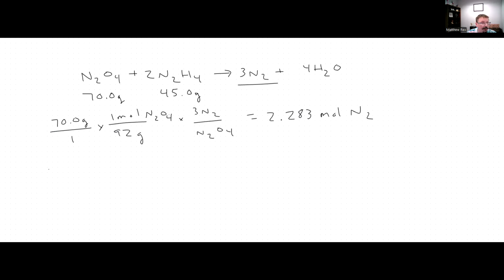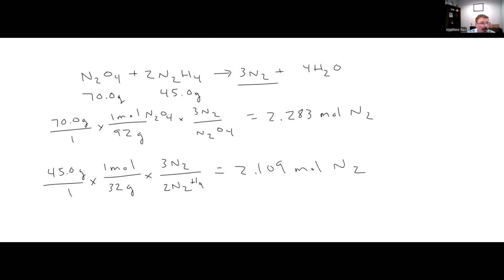Now we have 45 grams of that divided by its molar mass, which would be 32, and then multiplied by its ratio to that same product, the N2, the one we're interested in, although now it is a 3-to-2 ratio, and that's going to give us 2.109 moles of N2.